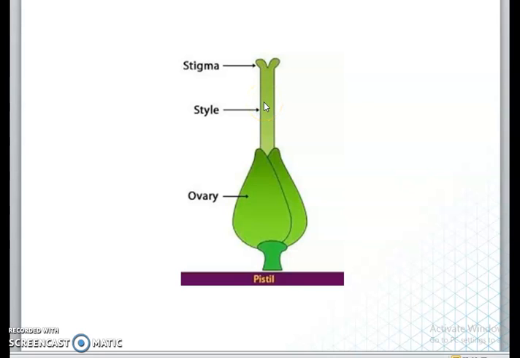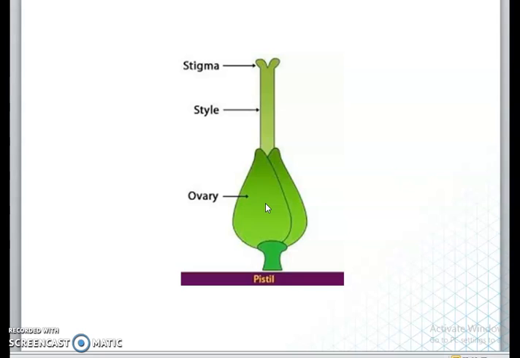So the style is the part that connects the stigma to the ovary that contains one or more ovules. If you want to use your own words, it's only a passage for the pollen grains from the stigma to reach the ovary, where they will find the egg or the ovule.